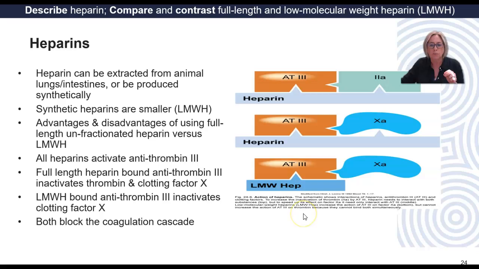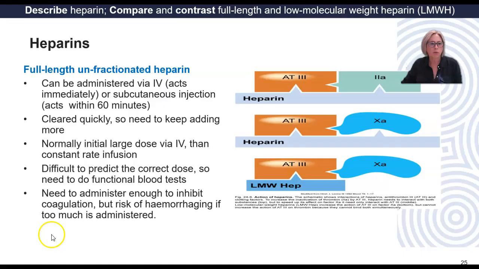But to speed up its effect on factor 10, it needs to only interact with AT3, right, in the middle. The low molecular weight heparins, as you can see down the bottom here, will increase the action of antithrombin 3 on the factor 10, but they can't increase the action of AT3 on the 2A, because they can't bind both simultaneously. So we'll go through the full-length unfractionated heparin first.